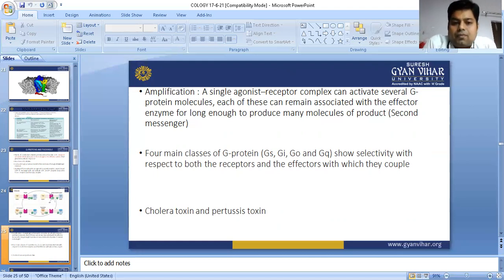There are four classes of G proteins: Gs, Gi, Go, and Gq. They show selectivity with respect to both the receptors and effectors with which they are going to couple. And cholera toxin and pertussis toxin are examples of this.